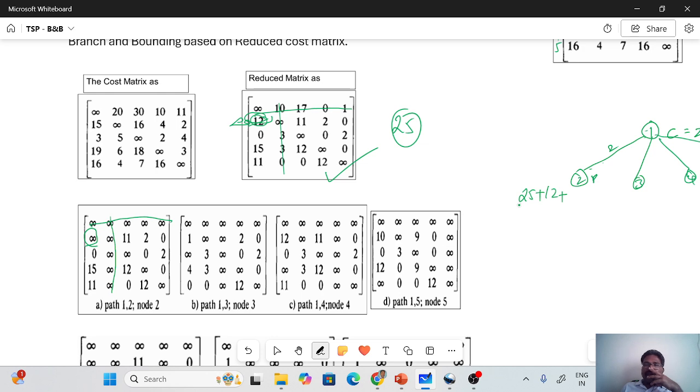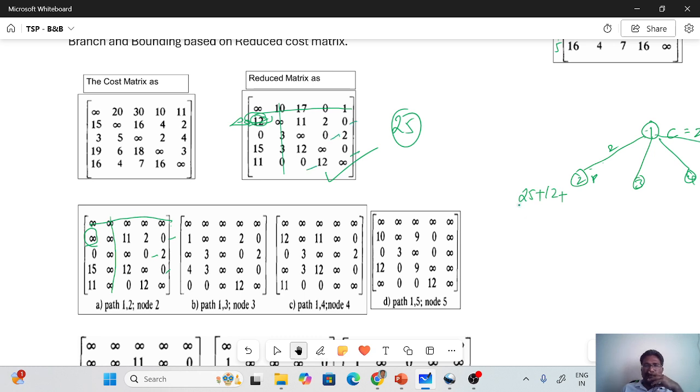Now I am going to consider the reduction. You must do the reduction for the row as well as the column. So for this one, I check row by row. What is the smallest number here? Here 0, here 0, here 0. Observe 0, 0, 0, 0.